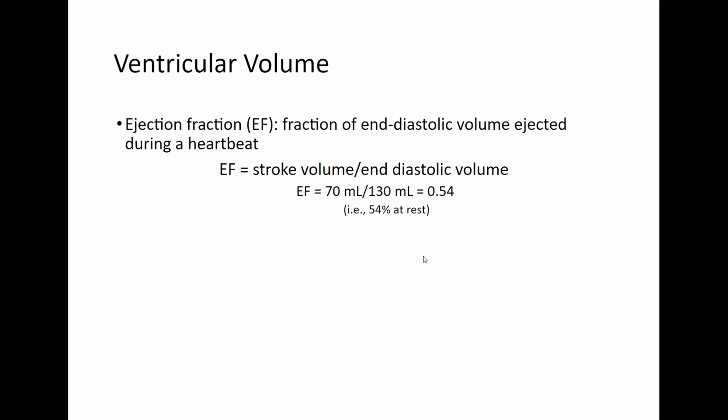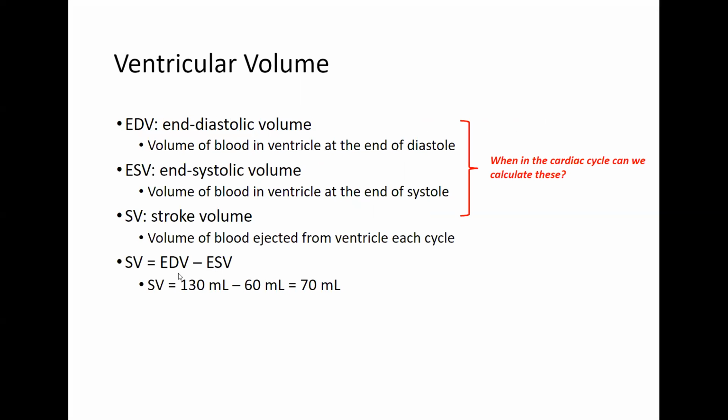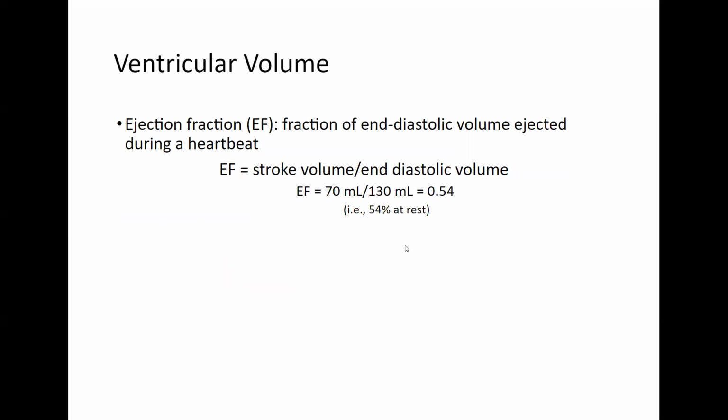And this is helpful because if we're looking just at the stroke volume, we can think how maybe the size of the heart might matter here, right? These numbers would be smaller. Maybe we don't know exactly what 70 milliliters versus 50 milliliters would mean for an individual because people are different sizes, hearts are different sizes. It might not tell us what we want to know.